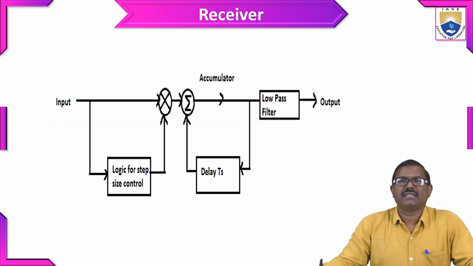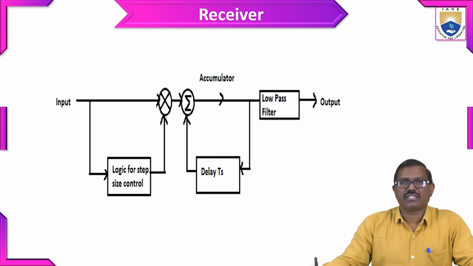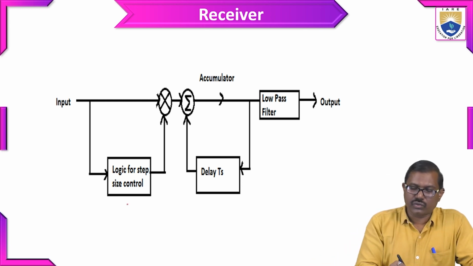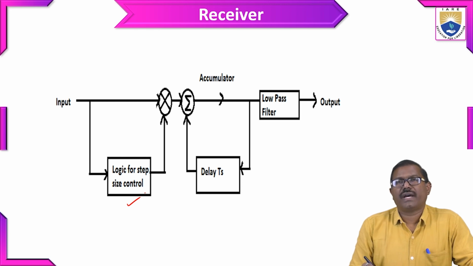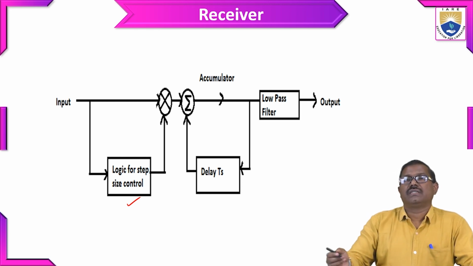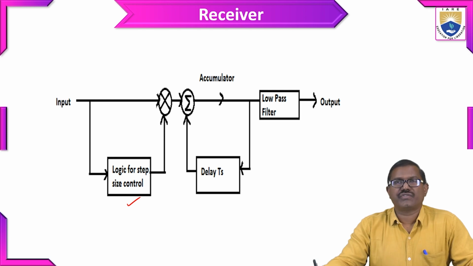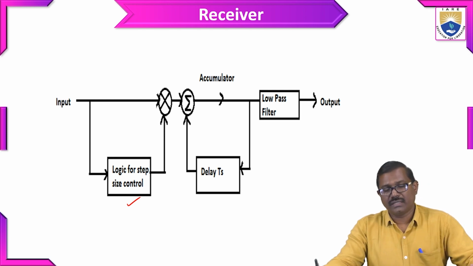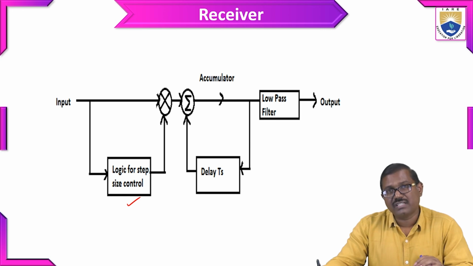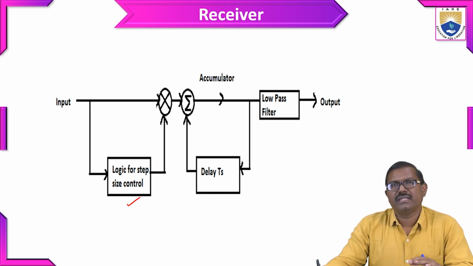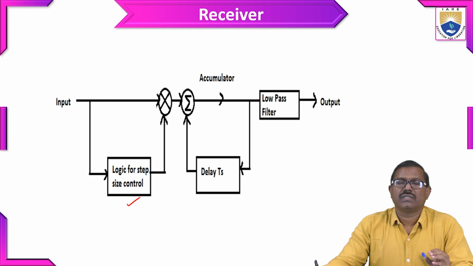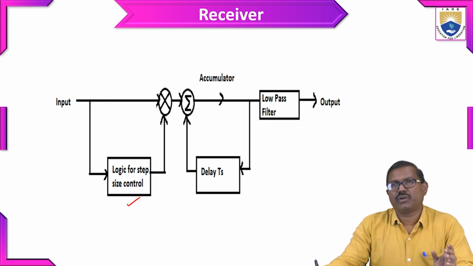And this is my receiver. So here also what we use in the transmitter, that is the logic for step size control, is again used here. As usual, what we discussed in the delta modulation receiver, here also same. But another arrangement is that one, the logic for step size control. And this input is given to the accumulator. The accumulator produces the signal and passes it through the low pass filter.